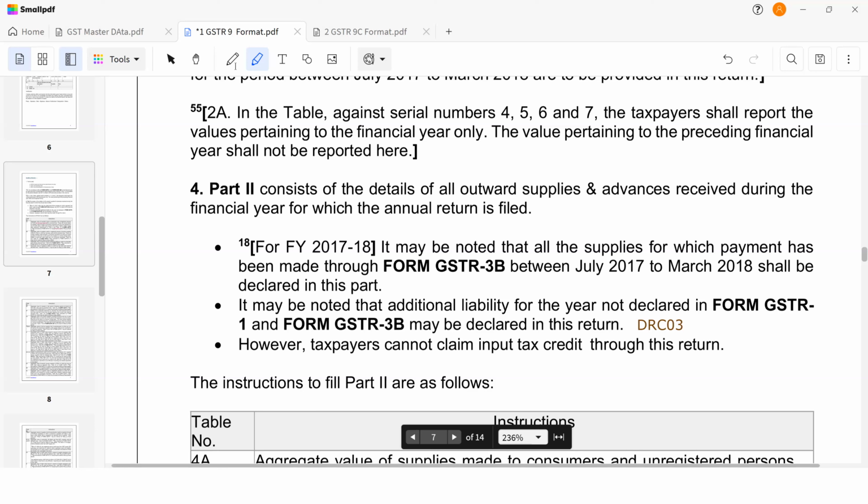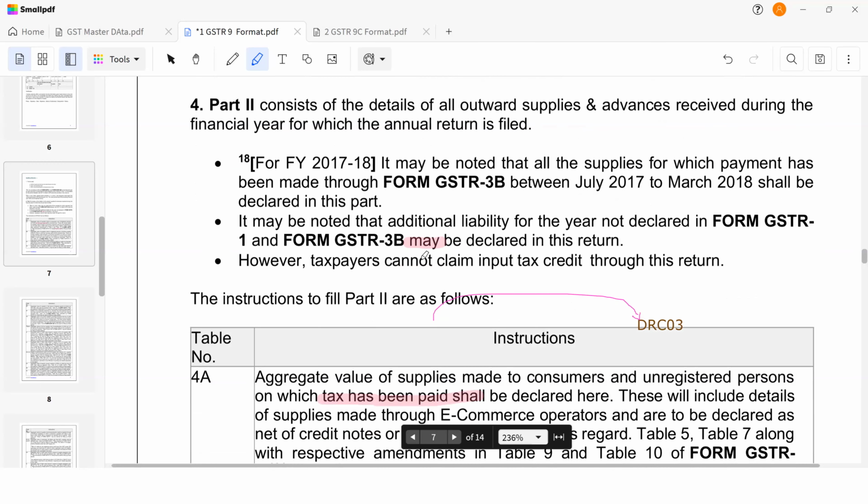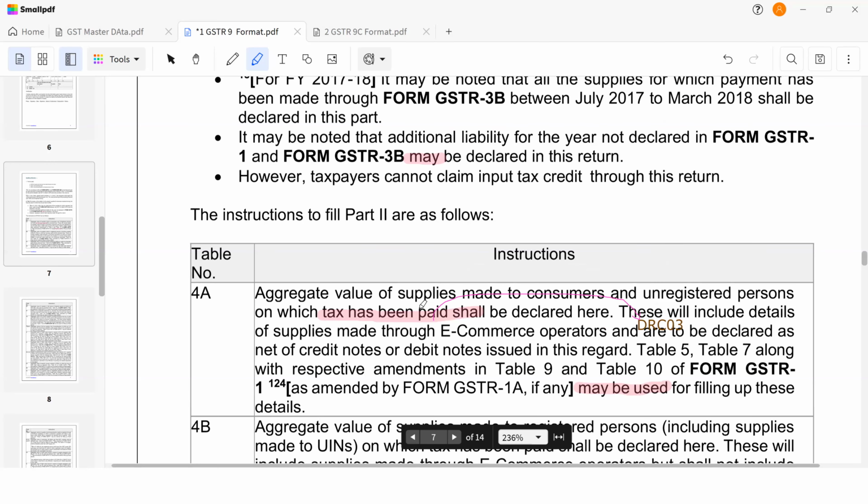That is the issue, if you have not paid. Okay. Again, wherever the word may is there, they are linking that if you have paid some taxes through DRC03, that may be declared here. And in the tables below, they are saying that the taxes that have been paid shall be declared here.